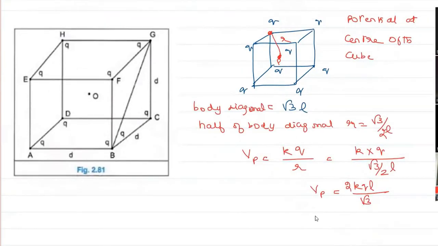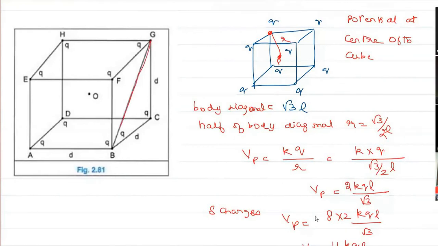Now if you want to calculate it for 8 charges, it will be the algebraic sum. So you can just write 8 into 2KQ by root 3L, that is nothing but 16KQ by root 3L. Clear or no? If it is not clear, let me know. Because it is the body diagonal distance only, the face diagonal you are not calculating.